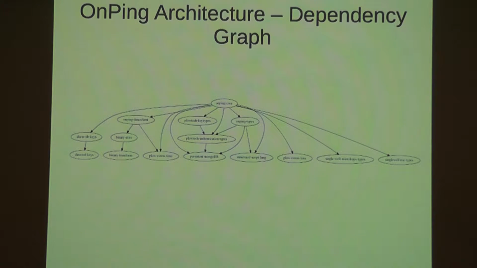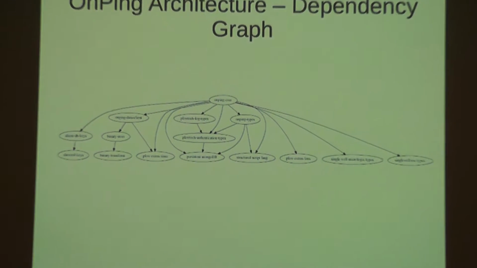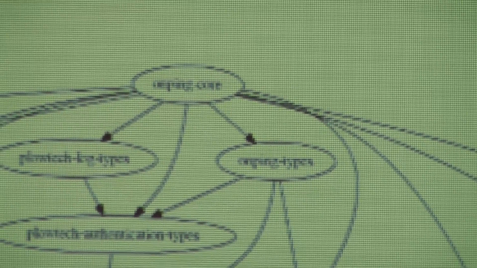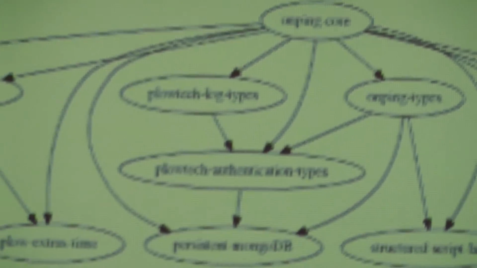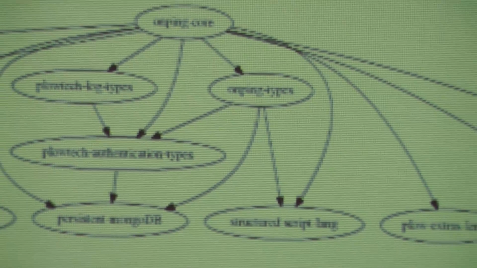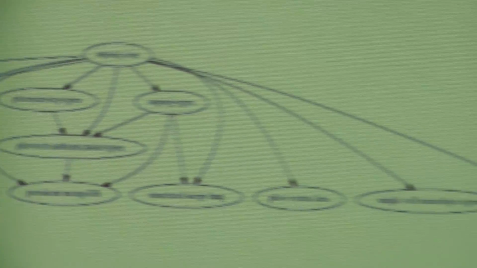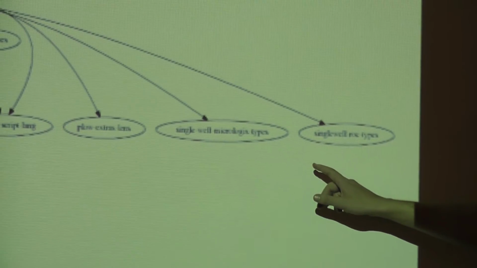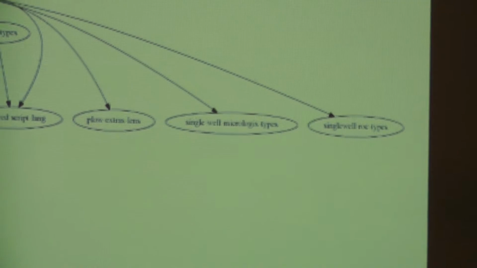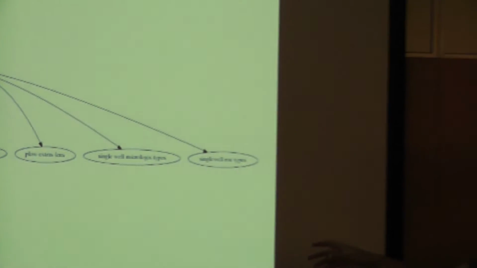So unfortunately this is a little small, but this is one of our main packages, and the idea here is just sort of to show how many dependencies it has. So this sort of ties into the microservice idea. A lot of these end nodes here are individual servers that are specialized in what data they provide.